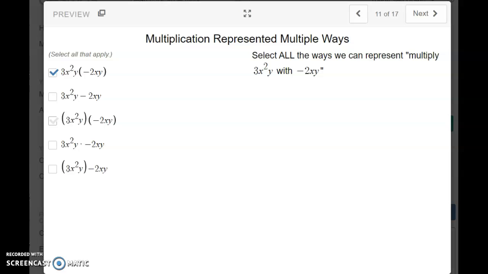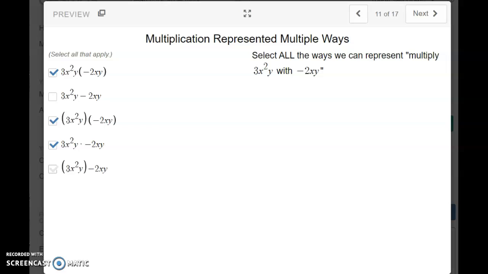What about 3x squared y in parentheses and another parenthesis? That means both the terms are being multiplied? Yes. So what about 3x squared y with the dot, negative 2xy? Yes, this would also work as well. And what about parenthesis minus 2xy?